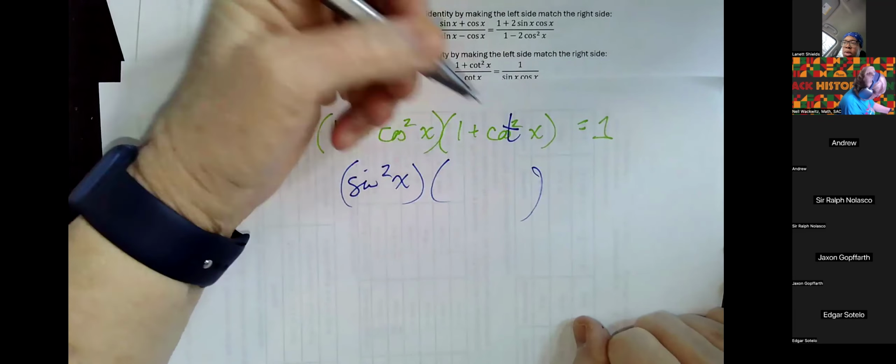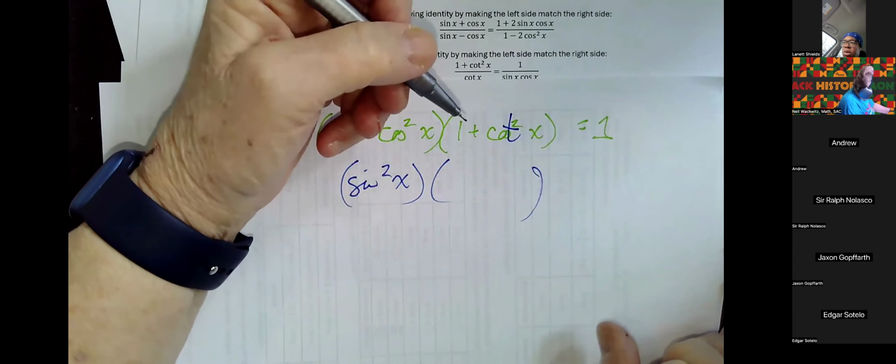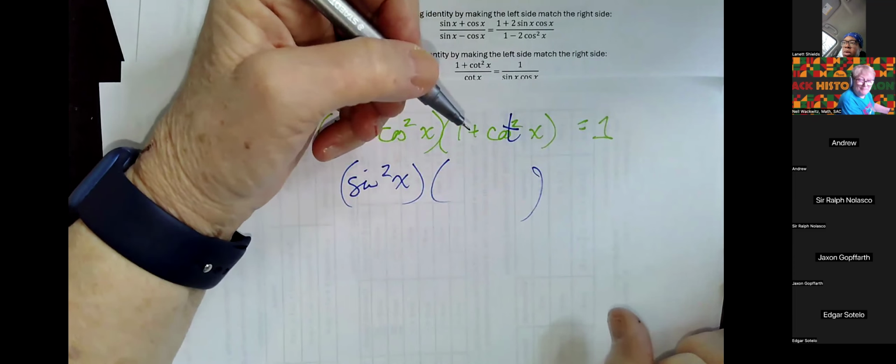And the other one was cosecant? Good. That's right. And it's all going to equal 1. But tell me an in-between step.